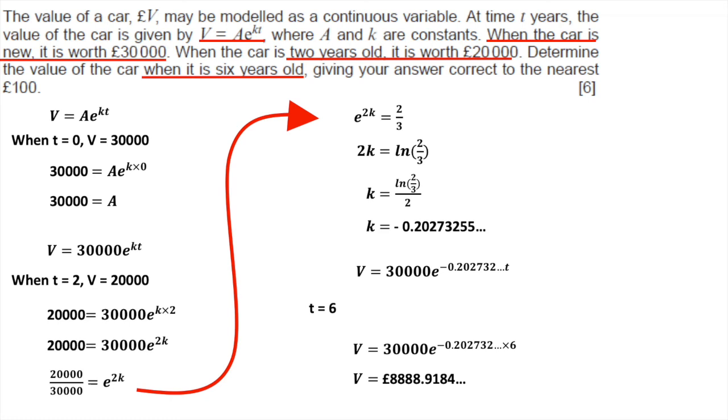To the nearest penny, that would be £8,888.92. However, the question said we needed to round to the nearest £100. The nearest £100 would be £8,900.